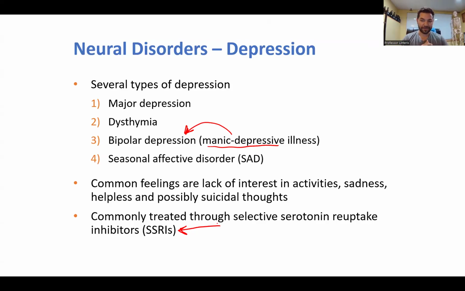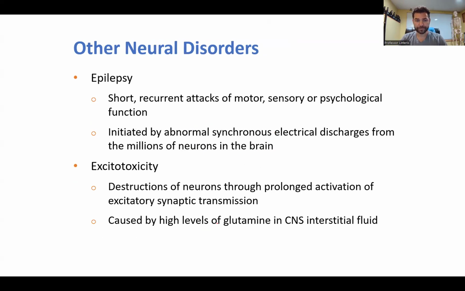These are selective serotonin reuptake inhibitors, and they work on that neurotransmitter, that synapse there, affecting the reuptake of serotonin, which is a neurotransmitter, and are used to treat some of these conditions, right? Epilepsy, and we have various types of excitotoxicity. Yeah, I mean, you could read it. I might ask you one question about it or something like that, but I'm not going through the specific physiology.